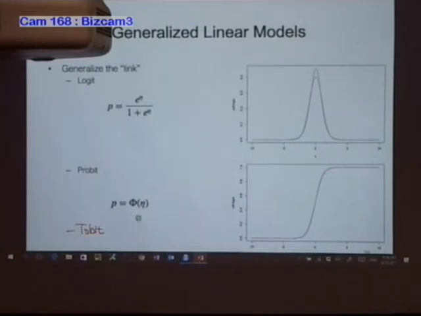So for the sake of simplicity, we just put a normal distribution here, right? So this is the cumulative distribution function of normal. The normal distribution itself plots like a bell curve, right? That's the PDF. But if you take the integration, that's going to look like this, S-shaped, right?